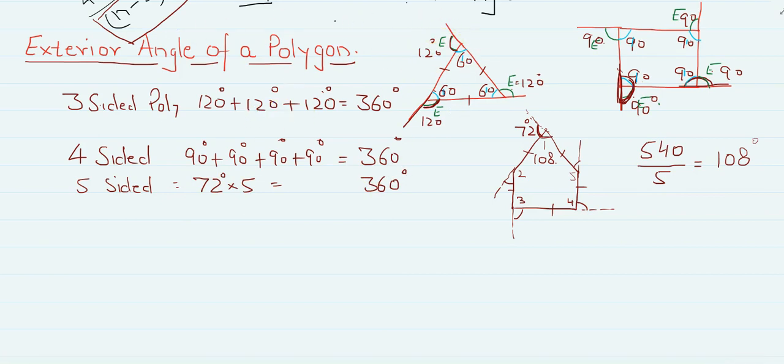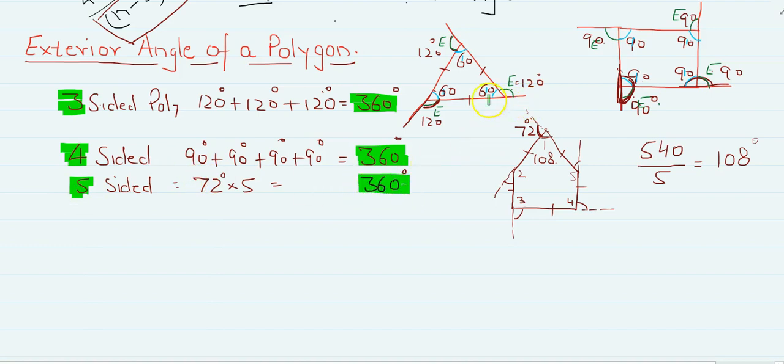Now you can see that if it is 3-sided, the sum of exterior angles is 360. If it is 4-sided, the sum is still 360, and if the figure is 5-sided, the sum of all exterior angles of a pentagon is 360.